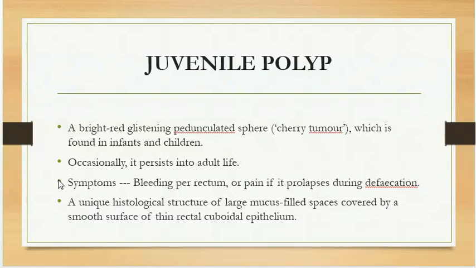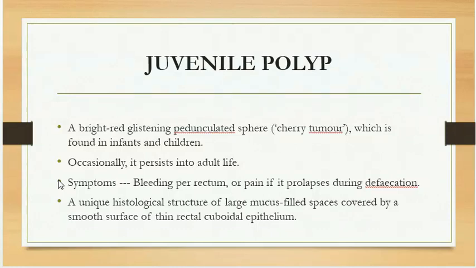It has a unique histological structure with large mucus-filled spaces covered by a smooth surface of thin rectal cuboidal epithelium. Again, I repeat, if somebody asks you what is the commonest cause of bleeding per rectum in infants and children, your answer should be juvenile polyp.